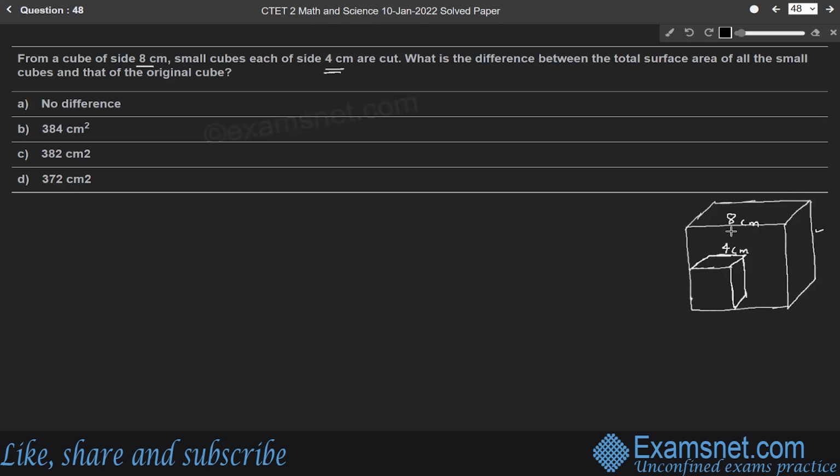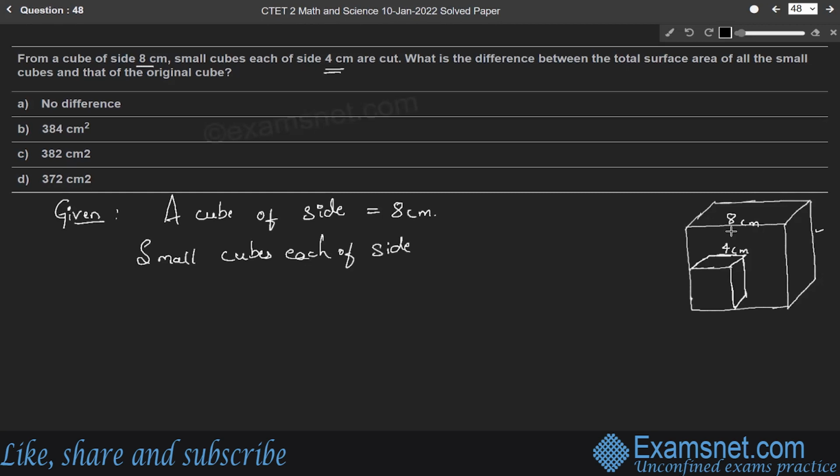So given a cube of side is equal to 8 centimeter. So here from the cube, small cubes each of side 4 centimeter are cut.